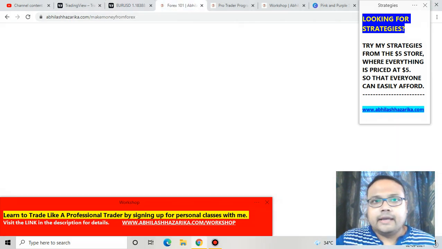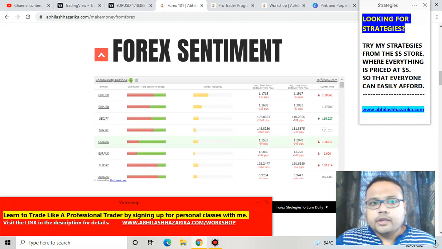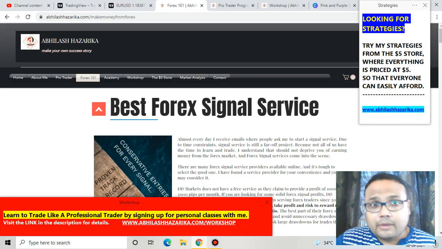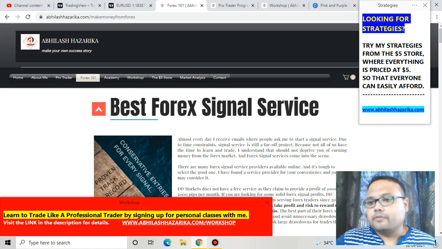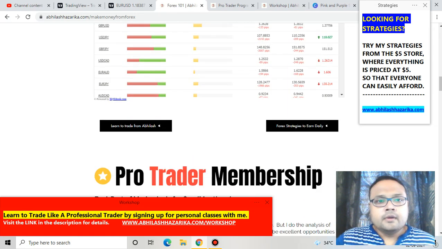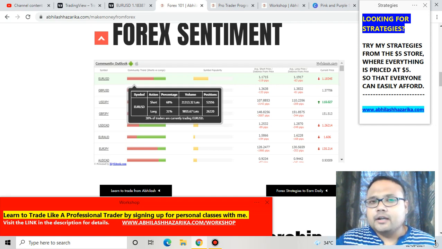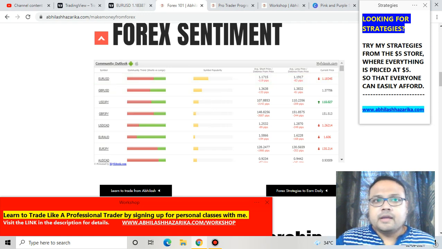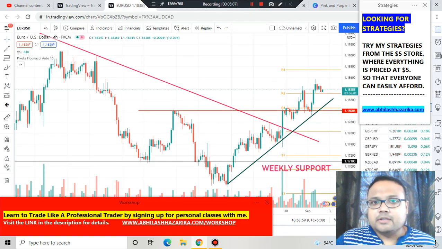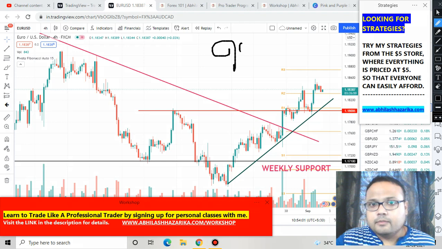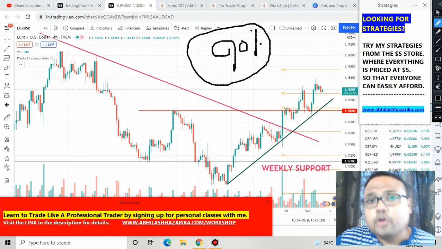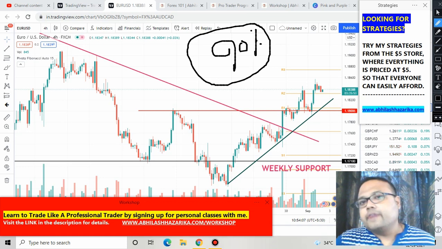If you look at the Forex sentiment meter here, you'll find a Forex sentiment meter on my website avillashhazarika.com under the Forex 101 section. In the Forex sentiment meter, you can see that 68% of retail traders have taken a short position and 31% of retail traders have taken a long position. As we all know, my dear friends, 90% of retail traders lose money, and the main reason they lose money is that they fail to follow the trend of the market.